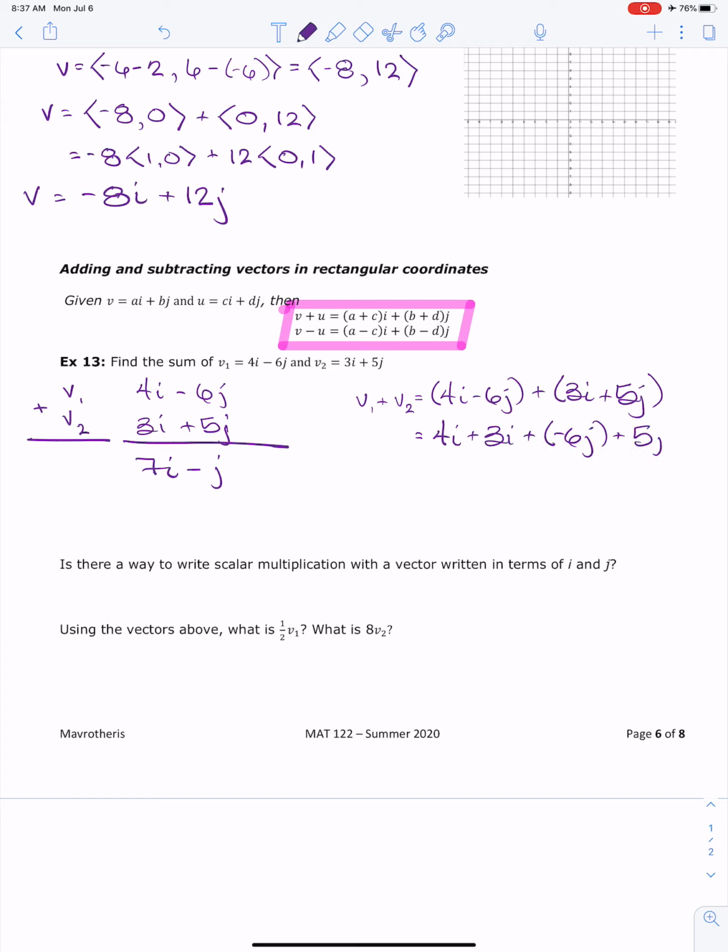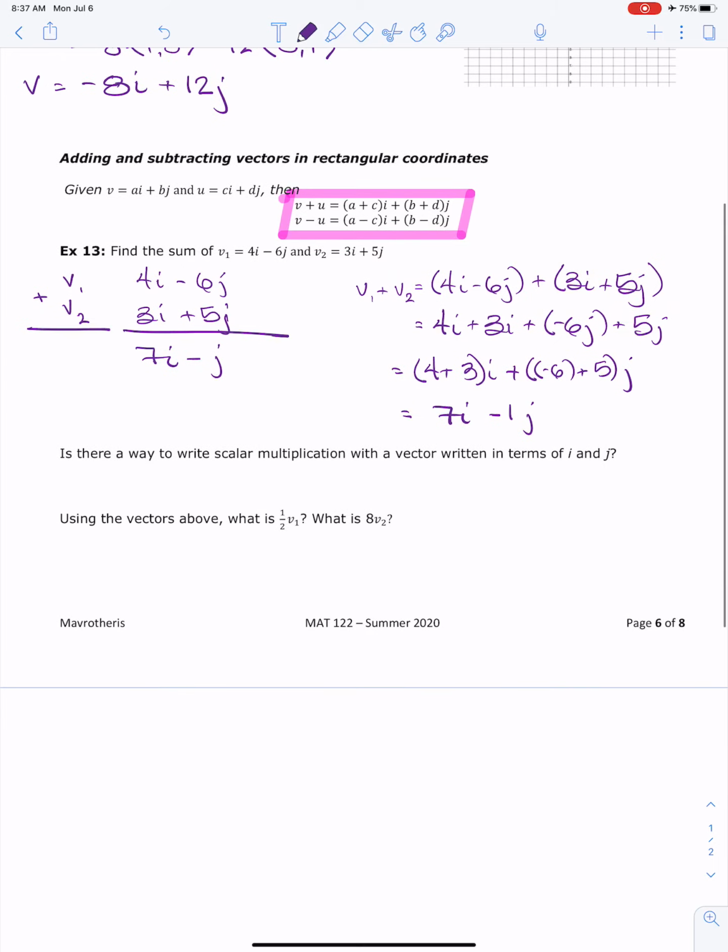And if we want it to match the formula that we have above, this is all the stuff you've gotten really used to doing in your head. And so a lot of times we don't write it out anymore. So there's the sum of v sub 1 and v sub 2, 7i minus 1j.